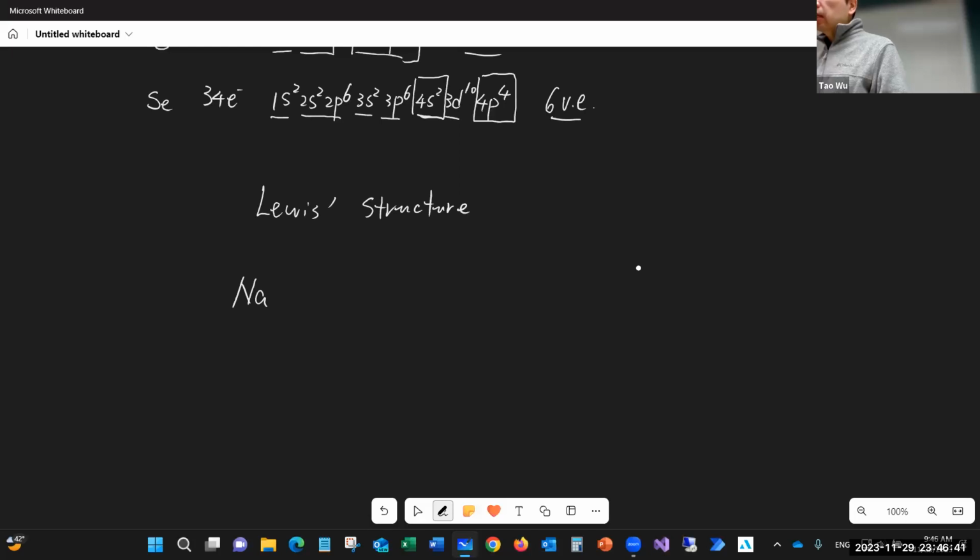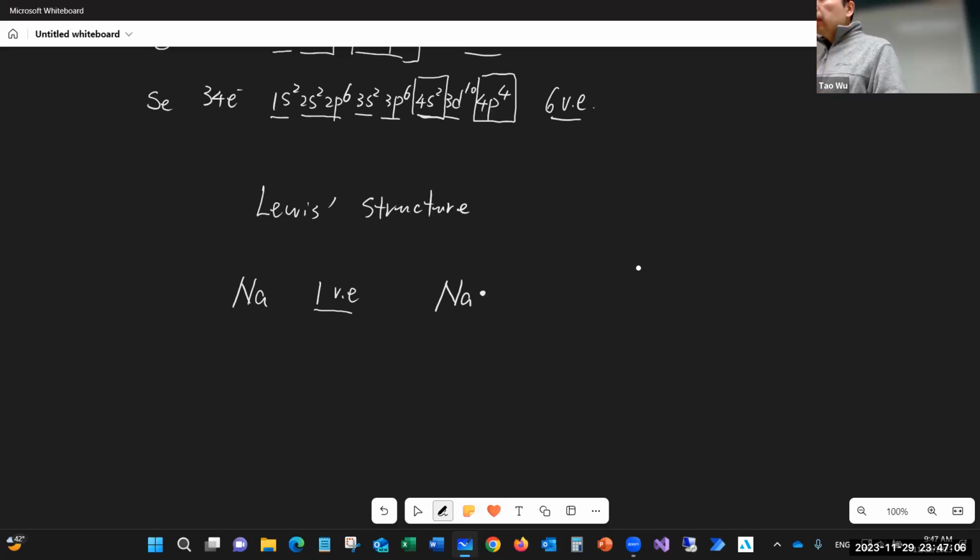Sodium is a 1A group, so this guy only has one valence electron. In other words, you just need to assign one dot on the outside of sodium. How many valence electrons means how many dots you need to put on the outside. So you write sodium, then you put one dot on the outside.